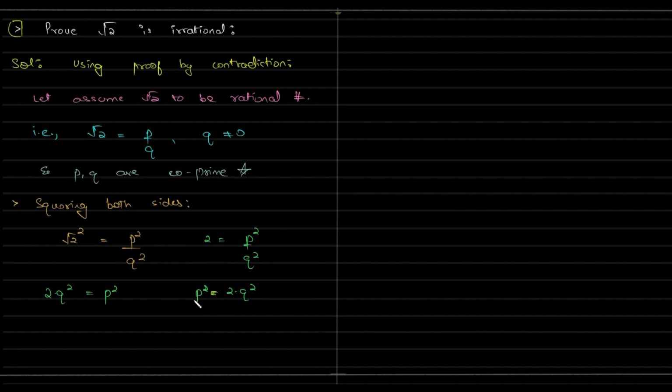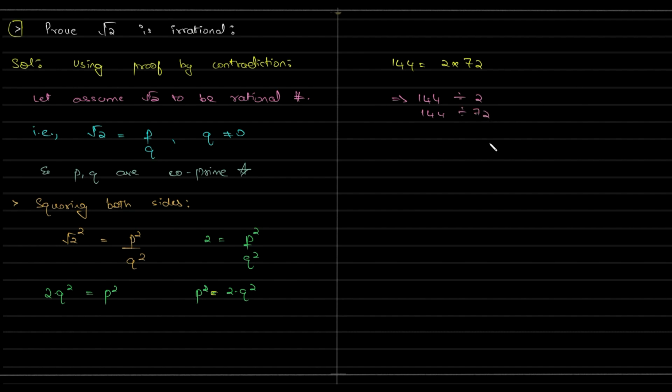What can I do with this? Well, 144 is made up of 2 into 72, right? So 144 is a product of 2 and 72. So we can conclude that 144 is divisible by 2 and 144 is divisible by 72.